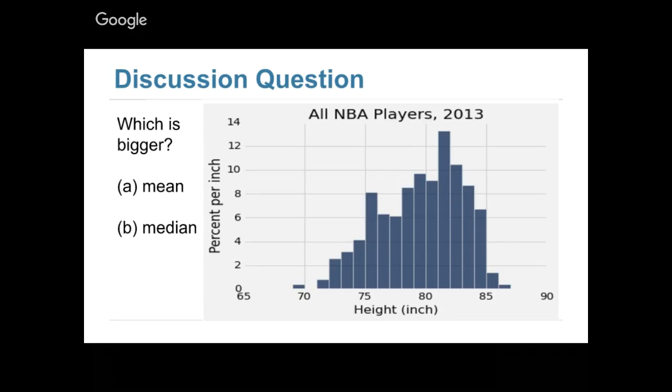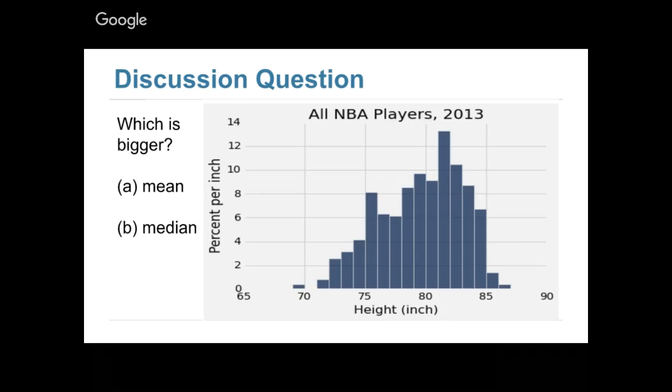Well, it's left skewed, which means that more of the data is to the right. So the median is going to be somewhere to the right here, and the mean might be something to the left. Left skewed means that the data on the left pulls down the mean, even though most of the data is on the right end.